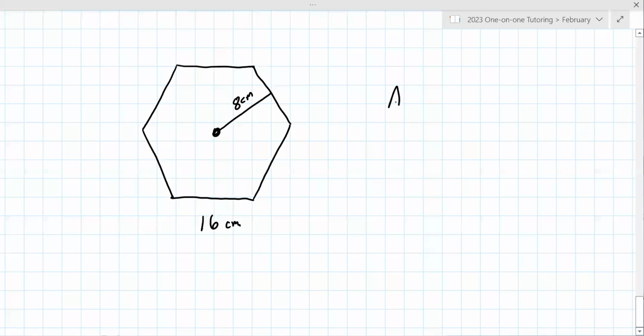Okay, I want you to find the area of the hexagon here for me, please. 8 centimeters. And I know that forms a triangle. Actually, hang on. This may not even be reasonable. Let me just change the number here. Now it's probably more possible.